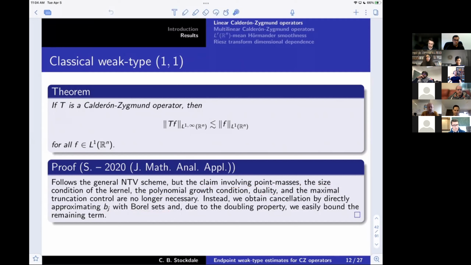And then we add in these Borel sets or slightly enlarged versions of these Borel sets into our exceptional set, which due to the doubling property will also have good measure. So the first result is a proof that's inspired by Nazarov, Treil and Volberg's argument, but it avoids the difficulty of both the Calderón-Zygmund decomposition and the difficulty of the point mass estimate.